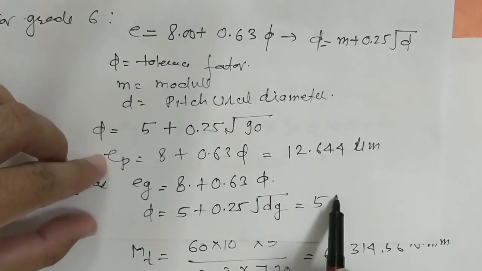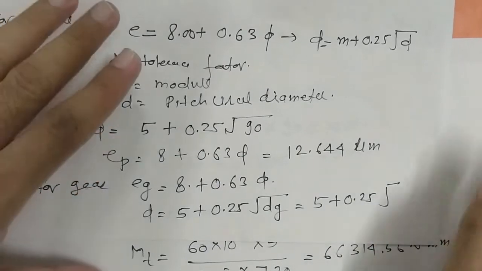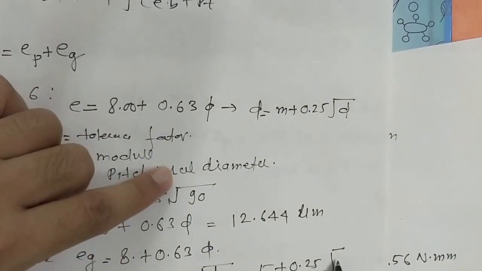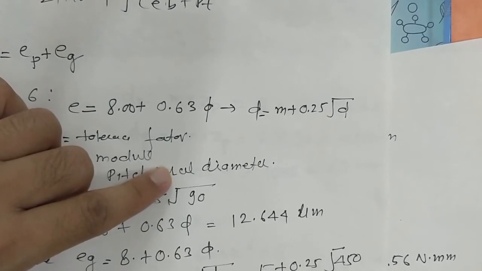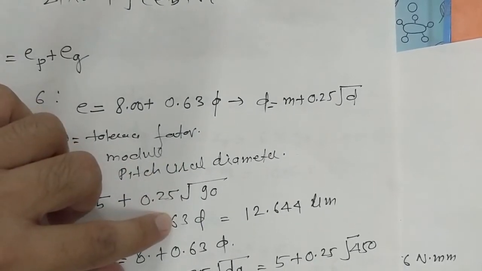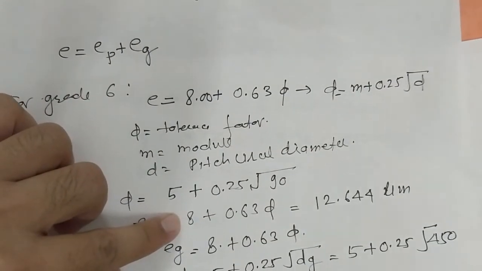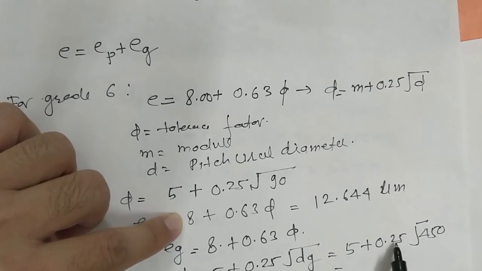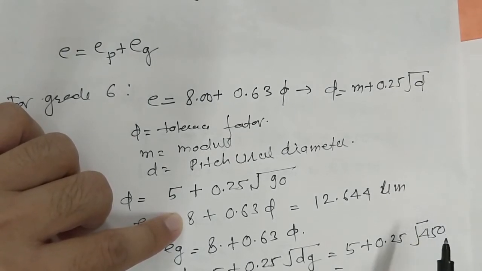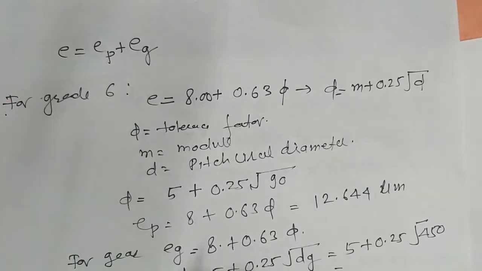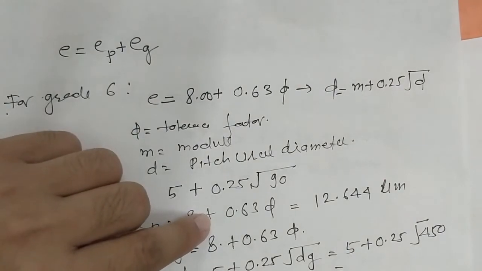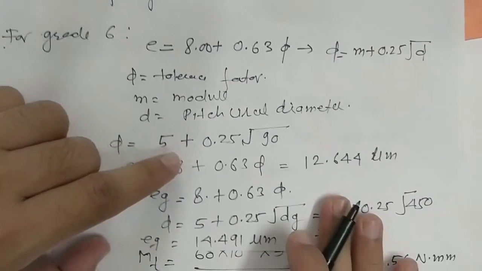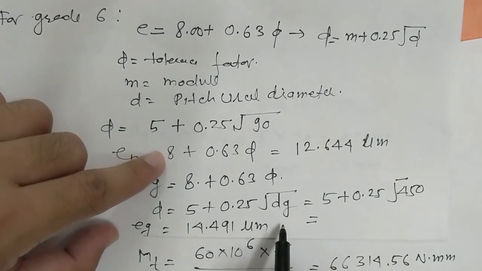So this becomes 5 plus 0.25 under root, and dg is 450 mm. So Eg becomes 14.491 micrometer.